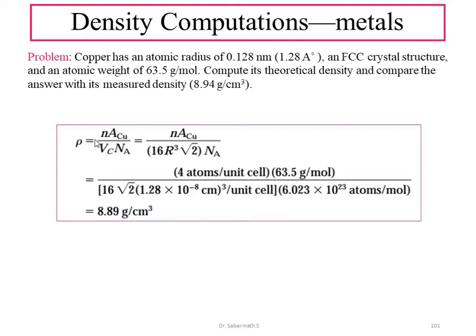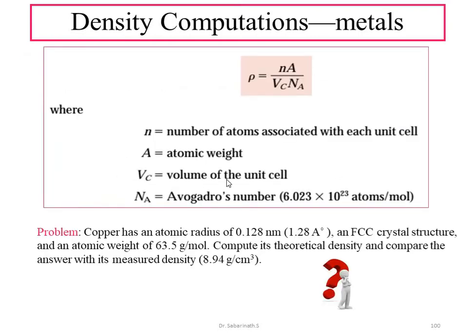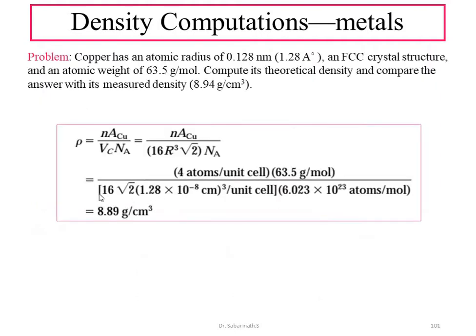We'll put that in. Vc is the volume of the unit cell, calculated using the previous equation from our theoretical classes. For this we need R, the atomic radius, equal to 0.128 nanometer, which is converted here to centimeter.